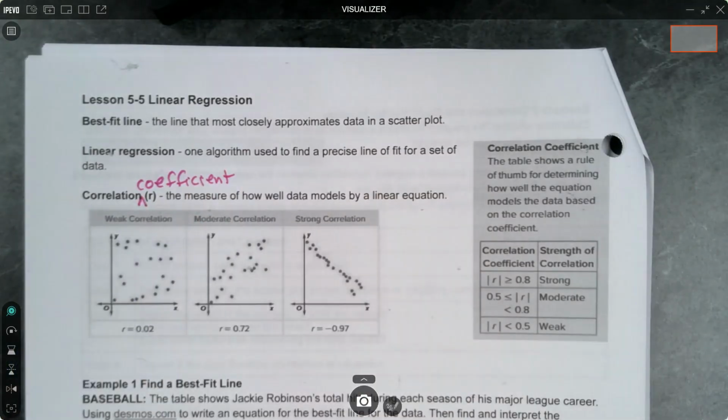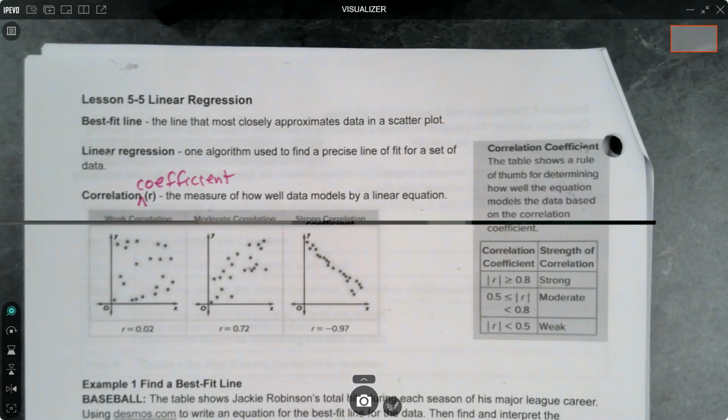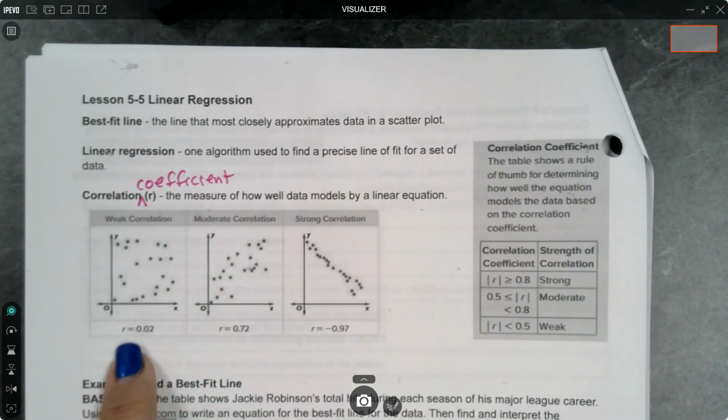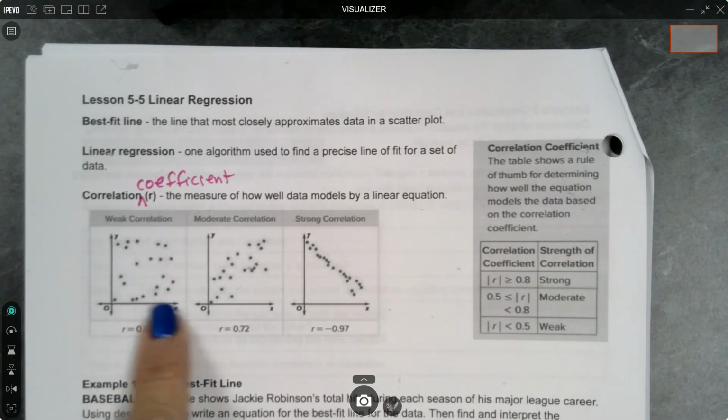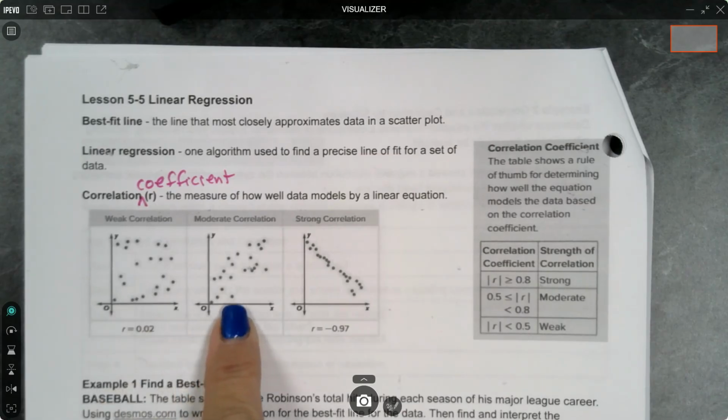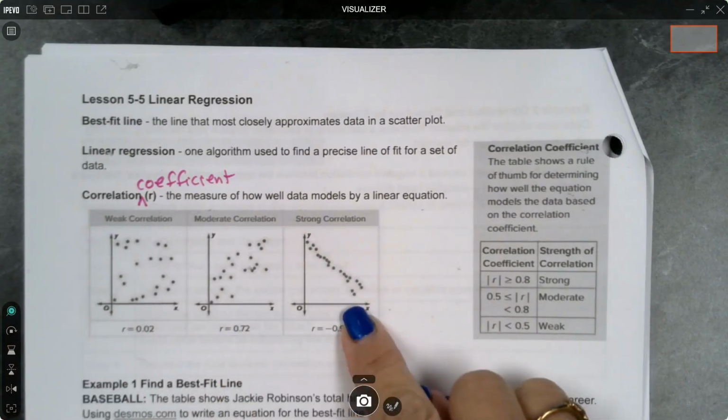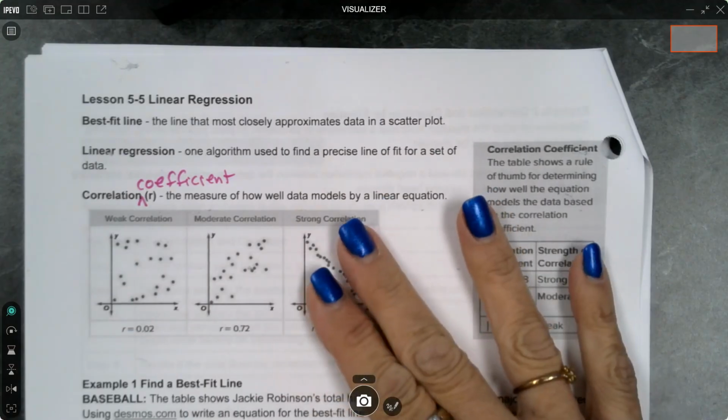And correlation coefficient is the measure of how well the data models the linear equation. Okay, so if it's weak, it looks like this. If it's moderate, they're closer together. Did you see how this number got a little bit bigger? And this is strong, those points are really close.